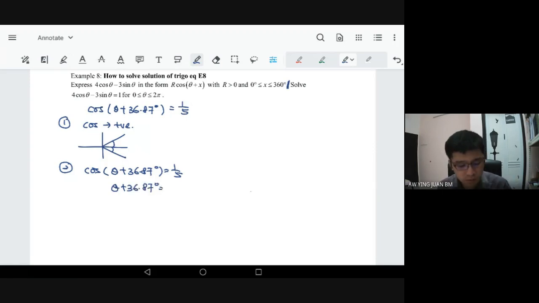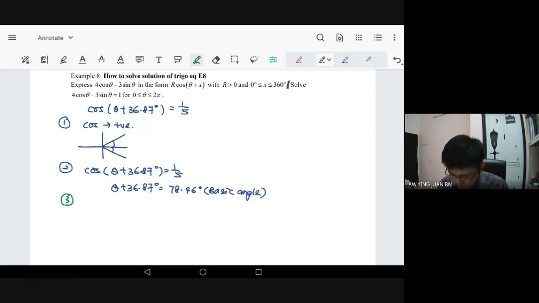You can go straightforward. If you calculate, then you will have 78.46. So this is what we call the basic angle. Repeat the same process. And then step number 3 is to find the range.